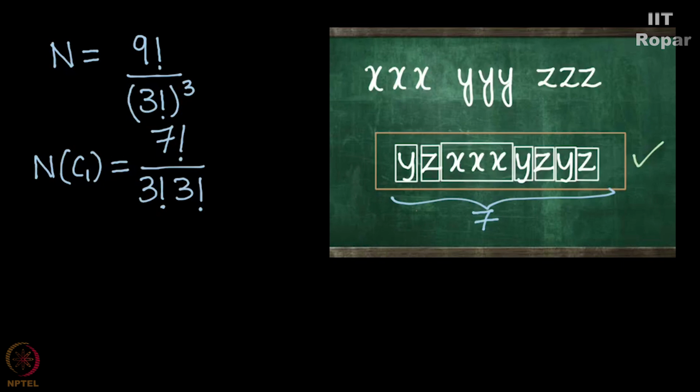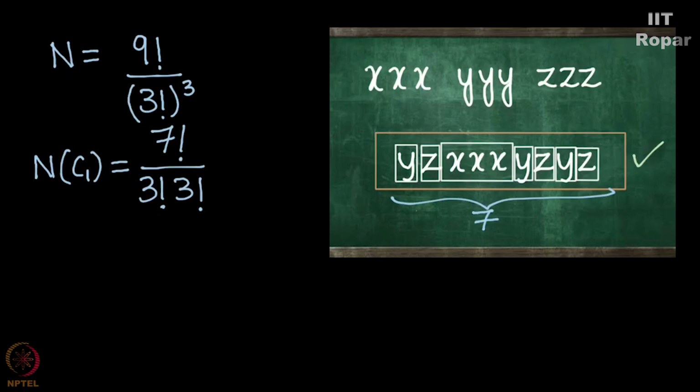Why? Because you have 3 y's and 3 z's. XXX I had considered to be 1 unit, so we are not dividing by 3 factorial thrice here. So n of C1 happens to be 7 factorial by 3 factorial into 3 factorial.